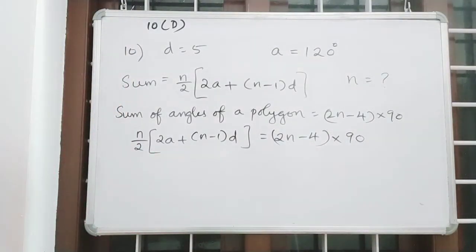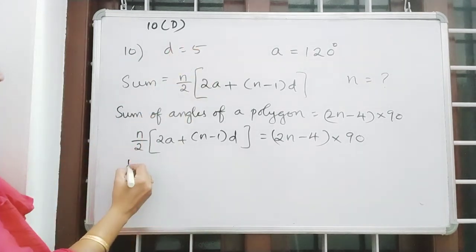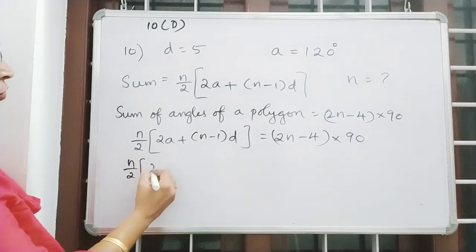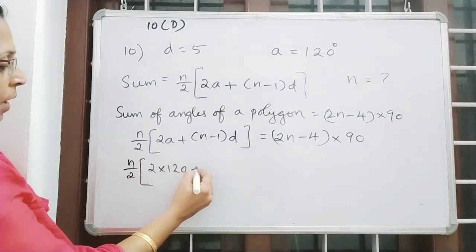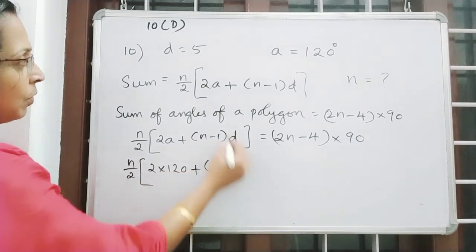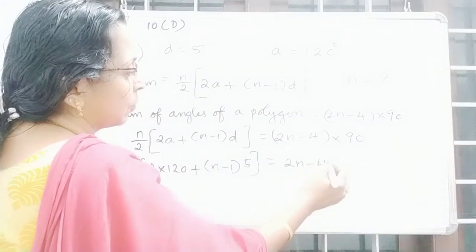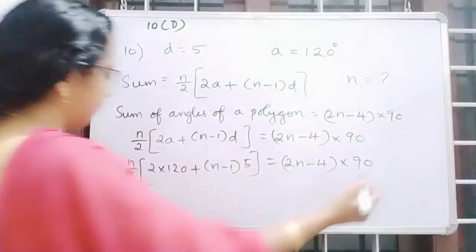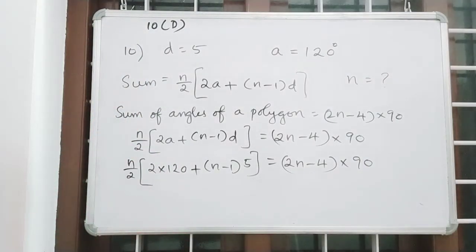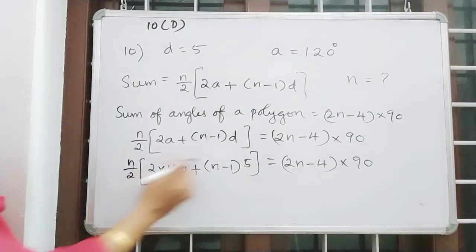Okay. So next step, substitute that, no? a is equal to 120. We can substitute. d is equal to 5. So n by 2, n we want to find out. 2 into a, 120, plus n minus 1 into d, 5, is equal to 2n minus 4 into 90. Then we can take this 2 to the right side.